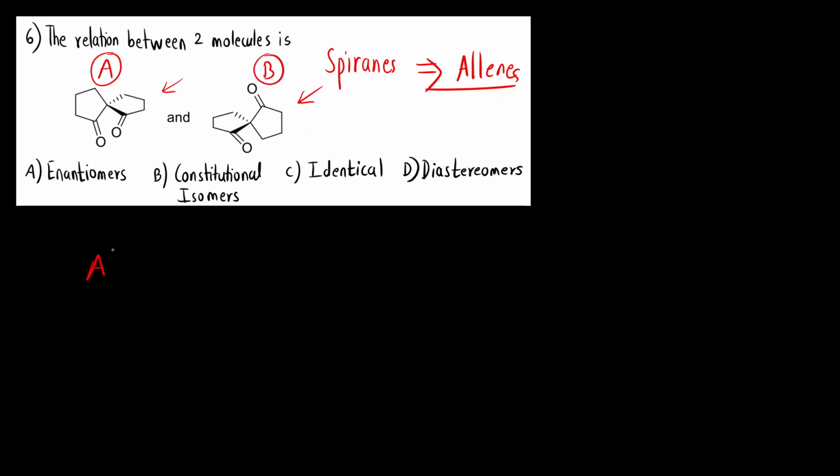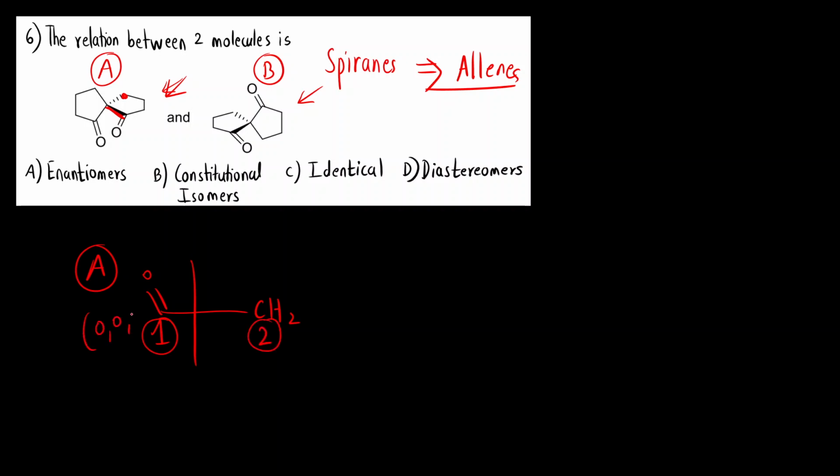Let us first draw for A. If I look from this side, what will I get? On the wedge bond that is on the left, I will get C double bond O. On the right, I have CH2. The groups that are closer get first and second priority, so this will be 1, this will be 2. Why?